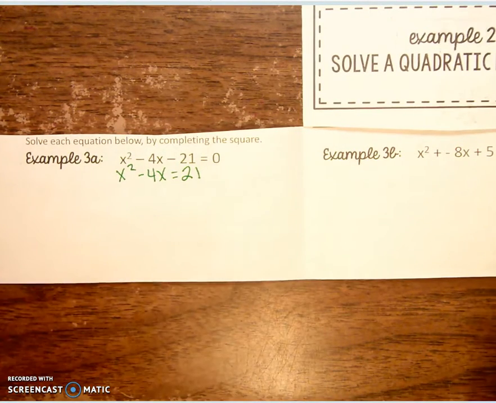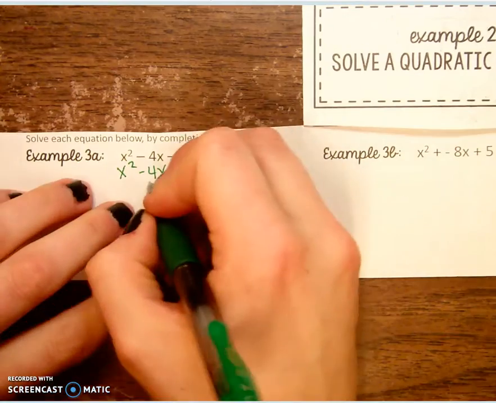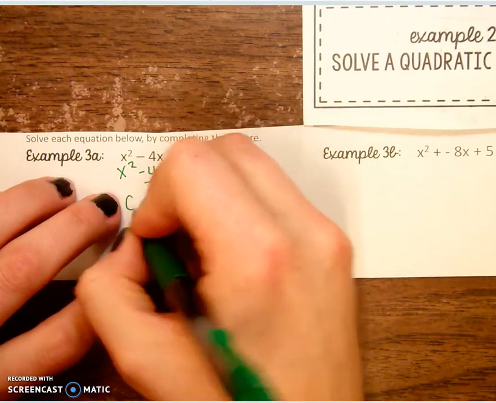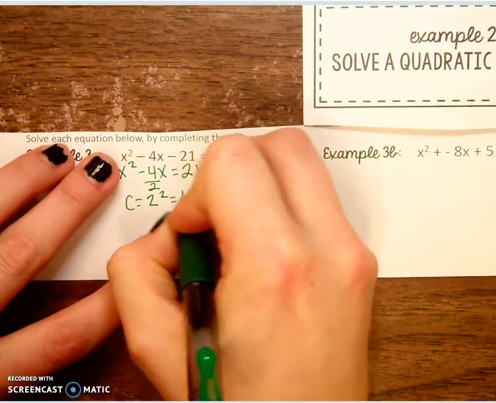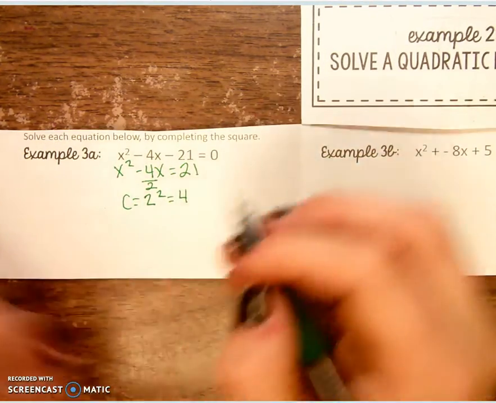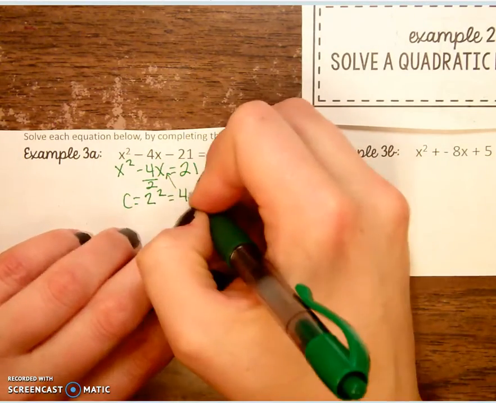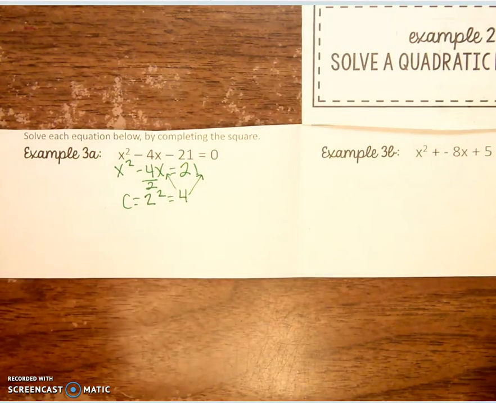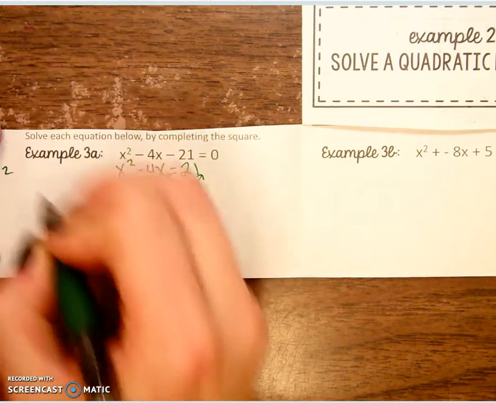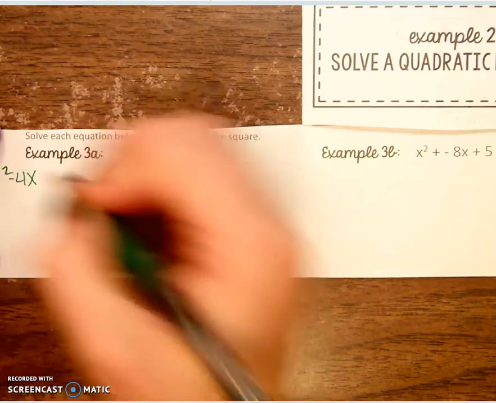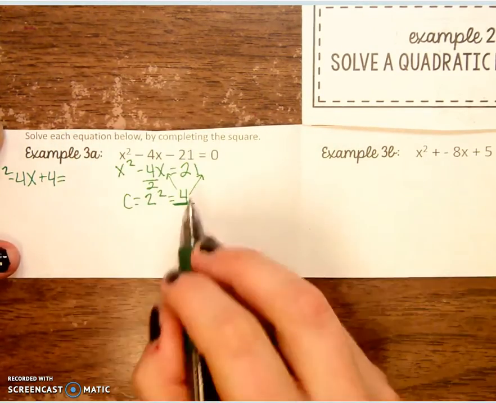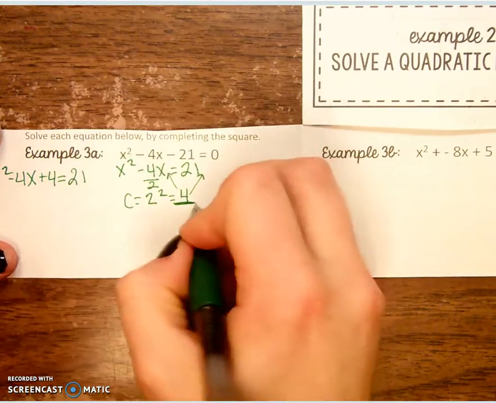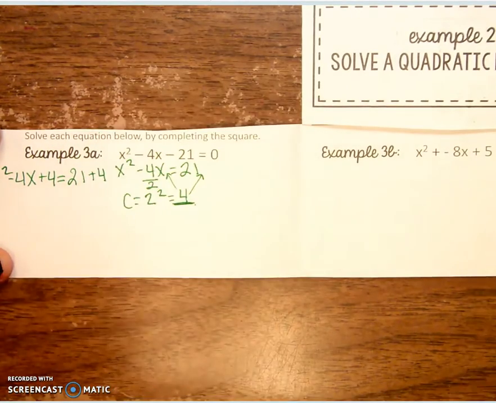Okay? Again, divide by 2. So C is 2. And I'm going to square it. So 4. Now I'm going to put 4 in as my C. And I'm also going to add it to the other side of the equation. So x squared, I'm rewriting, minus 4x. My C is positive 4 equals, there's 21. And then plus, I have to add also that 4.